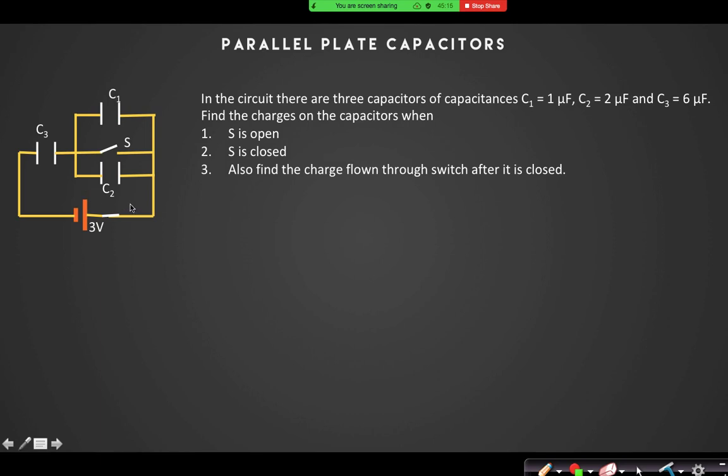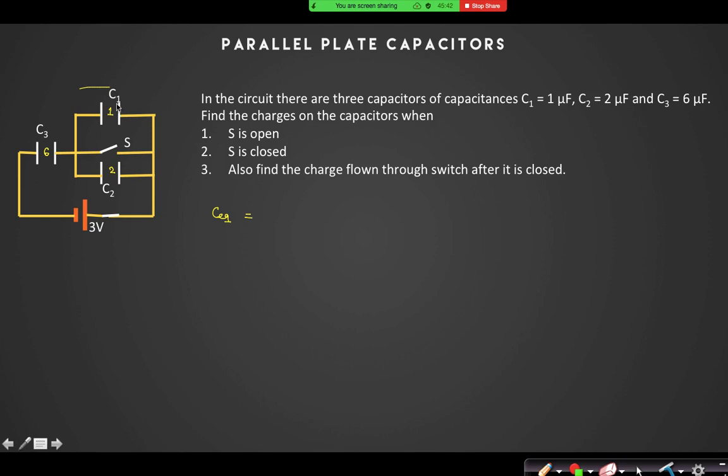So let us try to solve this question. The capacitances are 6 microfarad, 1 microfarad and 2 microfarad. This potential is 3 volt. Can I find the equivalent capacitance of that system?